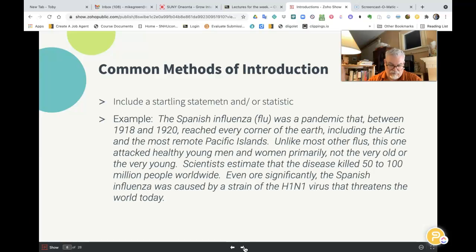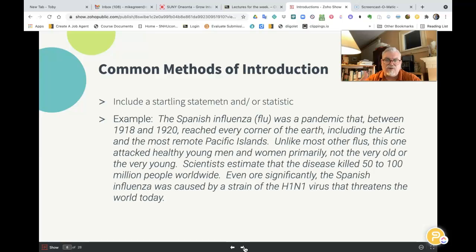Unlike most other flus, this one attacked healthy young men and women primarily, not the very old or the very young. Scientists estimate that the disease killed 50 to 100 million people worldwide. Keep that in mind. That's startling. Even more significantly, the Spanish flu was caused by a strain of the H1N1 virus that threatens the world today. Timely.